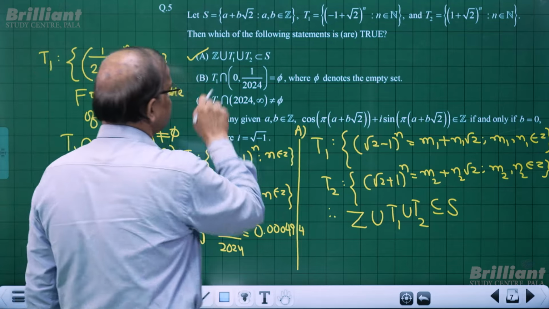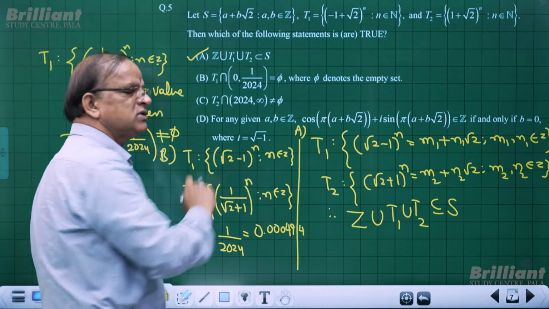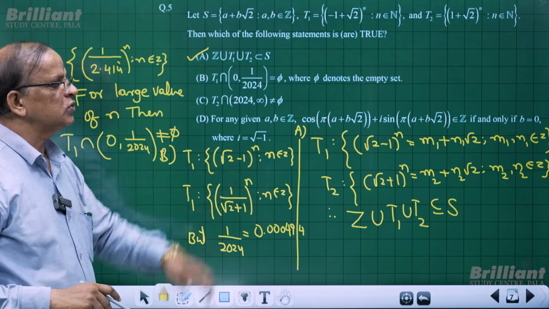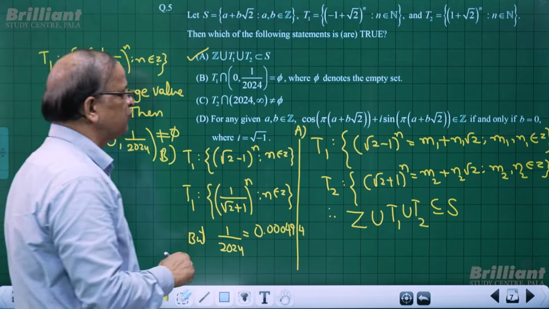Therefore B is not correct, and this is T2 intersection (2024, infinity) not phi.